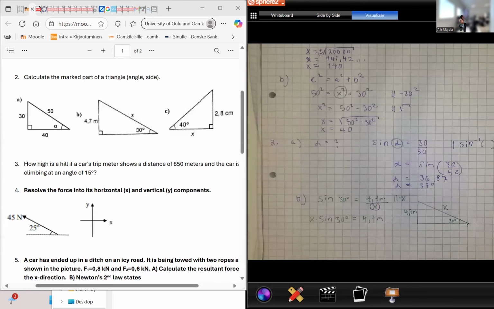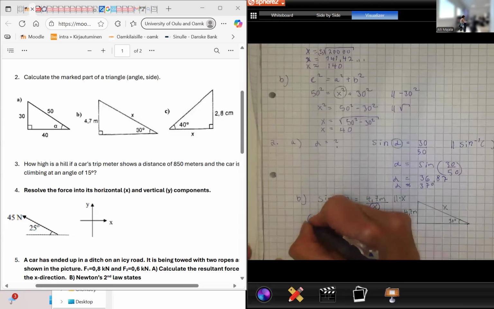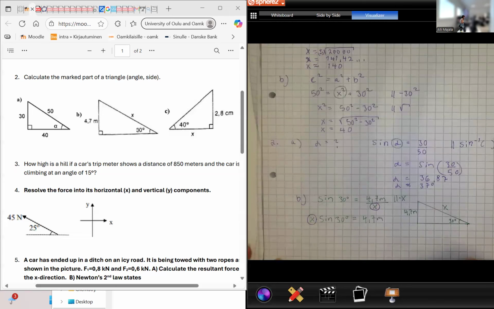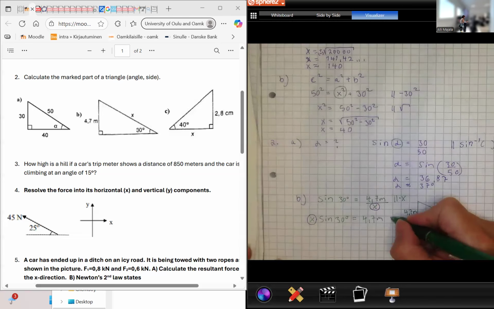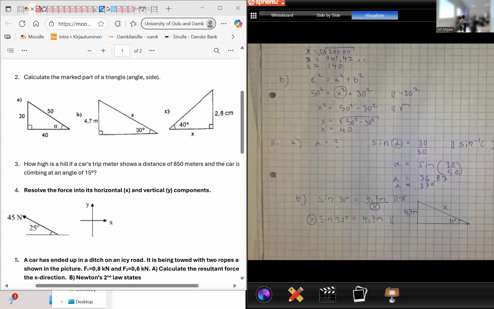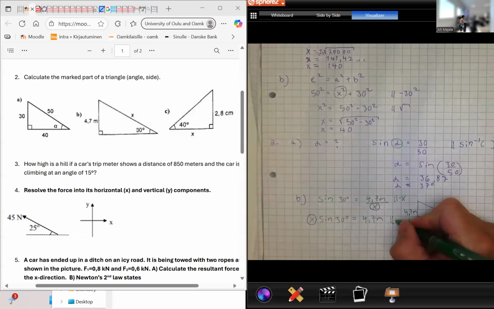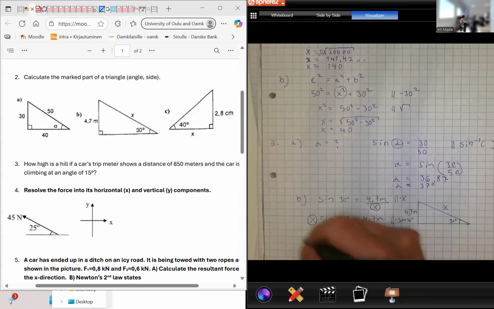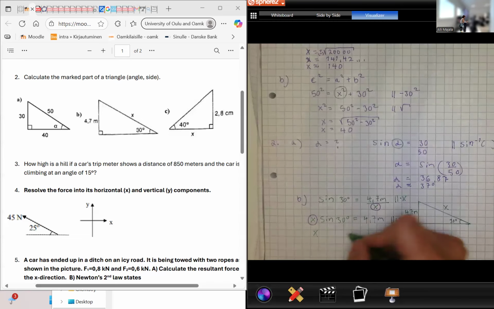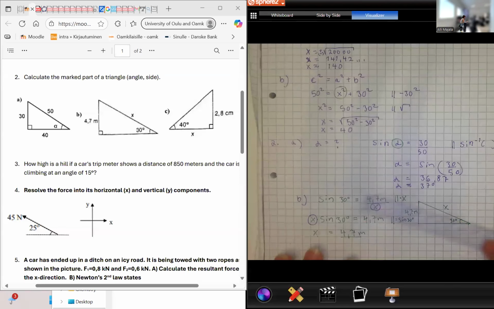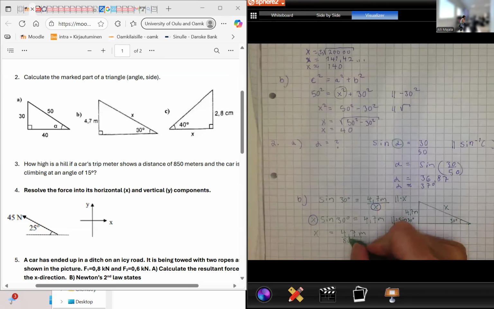And then I would need to have it alone. So what would I do next here? Yes, divide by sin 30. So then I have it alone, the sin 30 is gone, and it went to be the denominator, because I did the division on both sides.